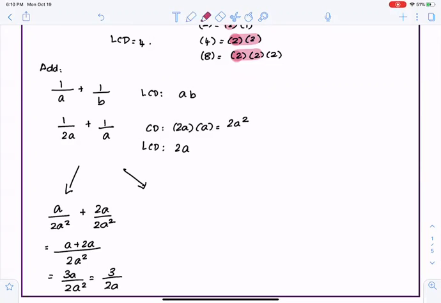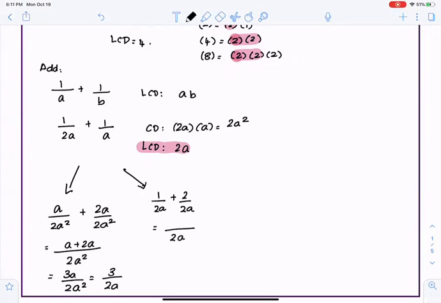But if I use the least common denominator, then all I have to do is to get that 1/2a in the second fraction. I could easily do that by multiplying and dividing by 2. So I have 2 over 2a. I have a common denominator, 2a.